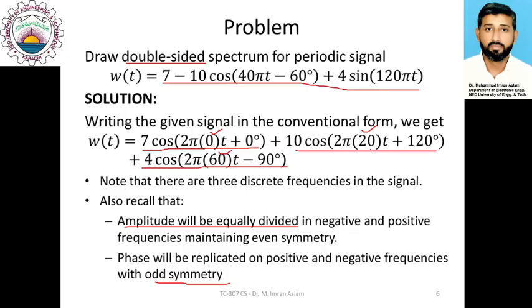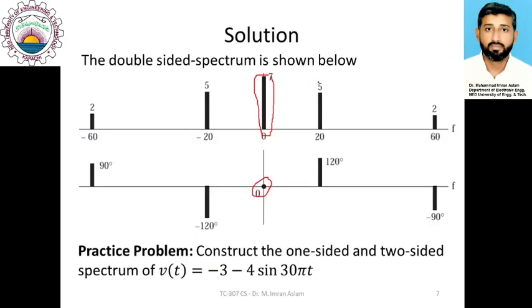At the frequency of 20 Hertz, we have an amplitude of 10, but when we plot the spectrum, it will be divided into two halves. So you can see that an amplitude of 5 appears at the positive frequency and an amplitude of 5 appears at the negative 20 frequency.